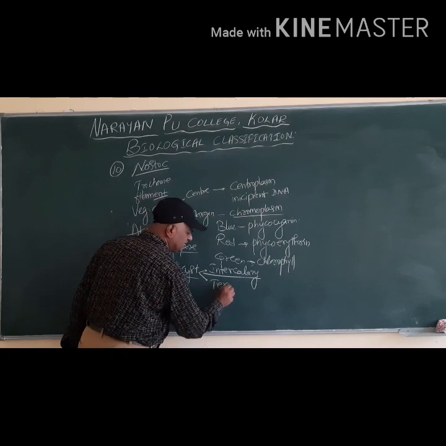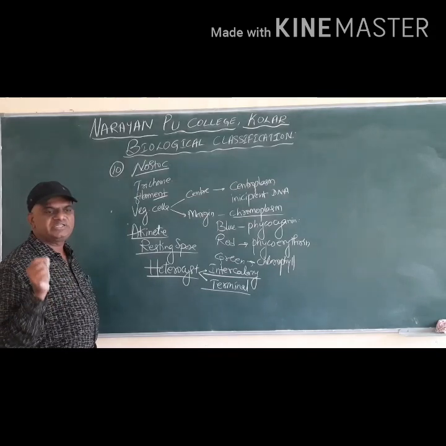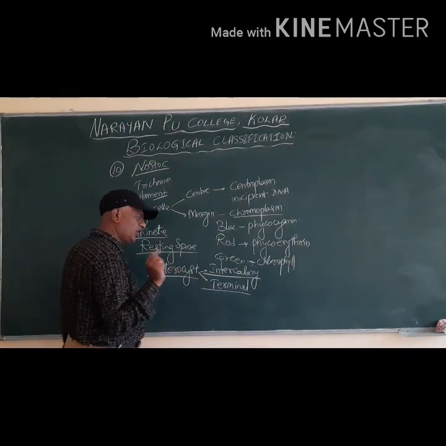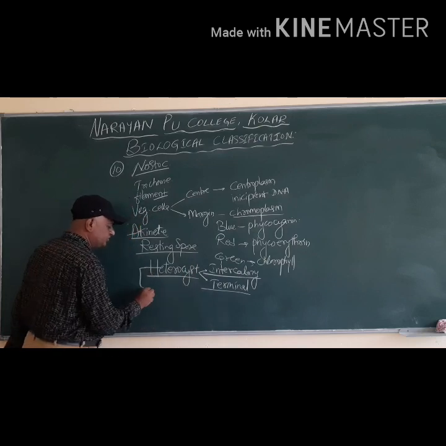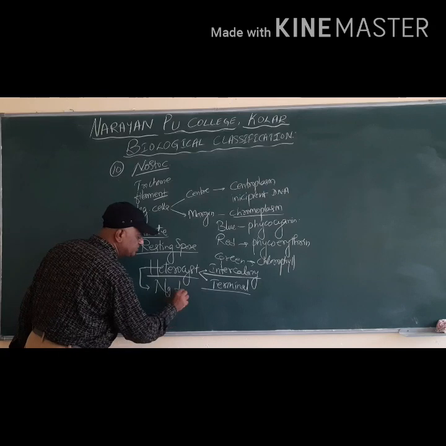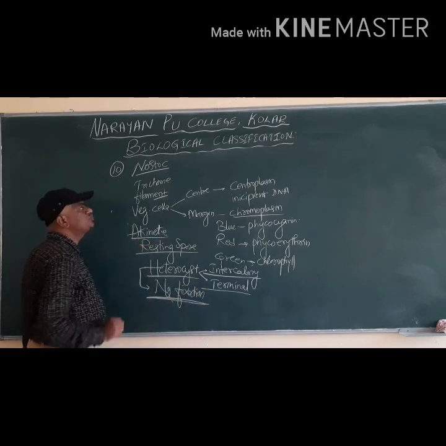The second one is called the terminal heterocyst. The terminal heterocyst is always present at the tip or at the ends and has only one shining granule or polar granule. Next one. The heterocyst helps in reproduction as well as in nitrogen fixation.